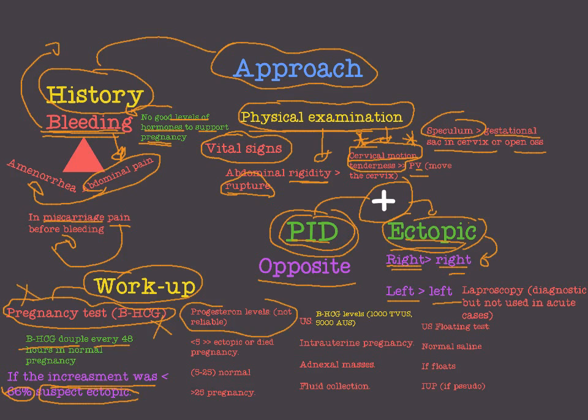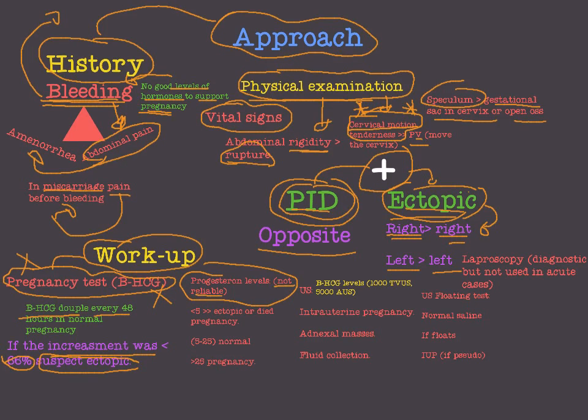Progesterone levels, okay, and nowadays it is not that reliable, but I just want to mention it. The normal range is between 5 and 25. If we have below 5 progesterone, then we have to suspect ectopic or dead pregnancy.